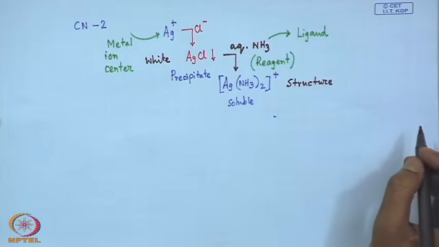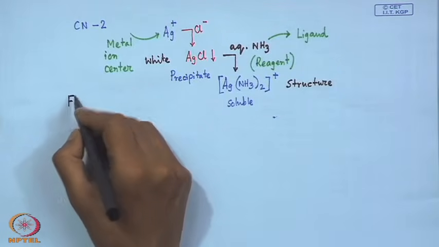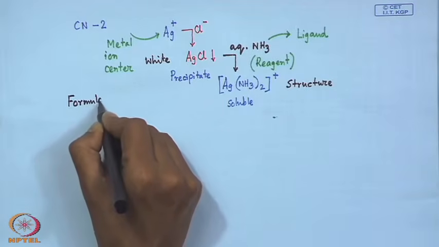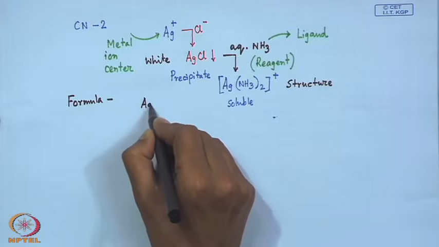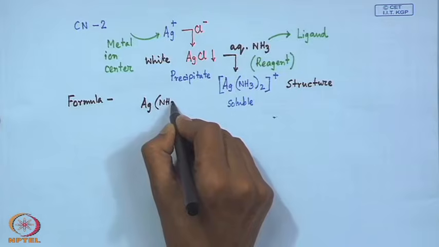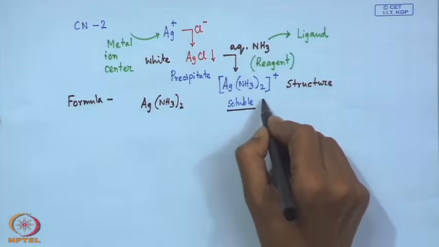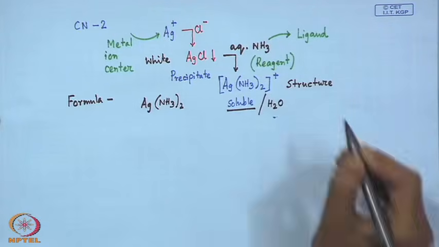That is very important. So, first of all, we need to know precisely the formula: silver has only ammonia in its environment, because it is soluble and we have plenty of water molecules around.